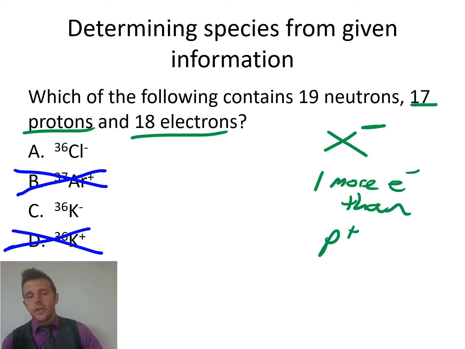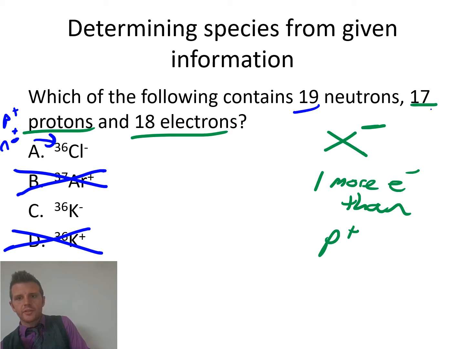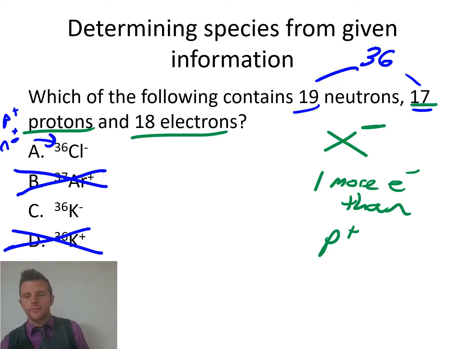The 36 is just telling us the mass number. In other words, it should be protons plus neutrons, which makes sense because I got 19 neutrons, 17 protons. If you add those up, you should get 36. If you're not getting 36, you're probably not using your calculator right. If you're using your calculator, then you're not doing paper 1 right, so you shouldn't be using your calculator either way.